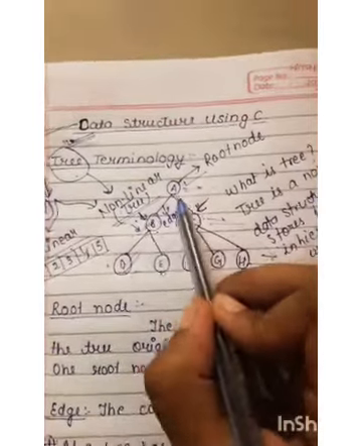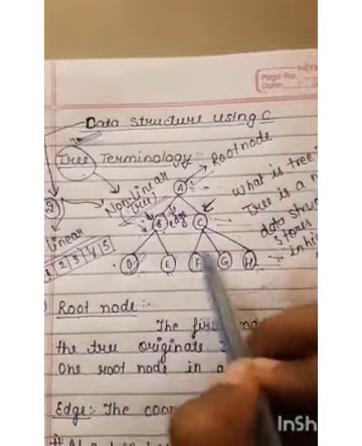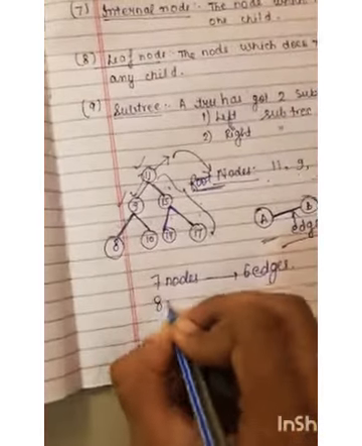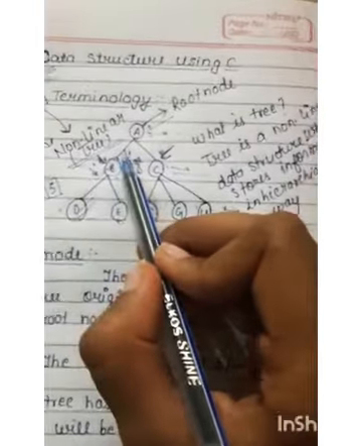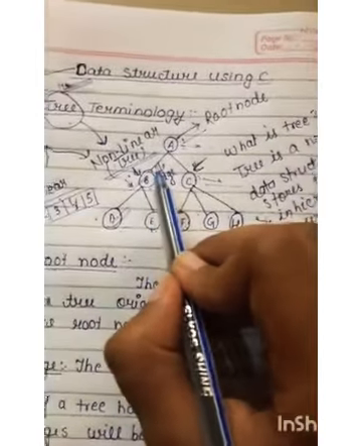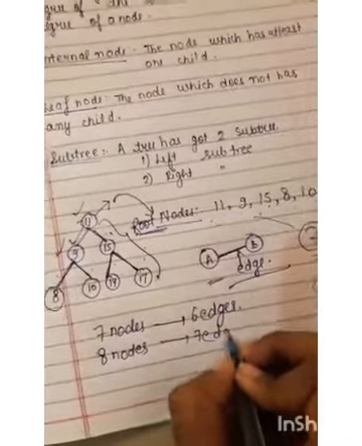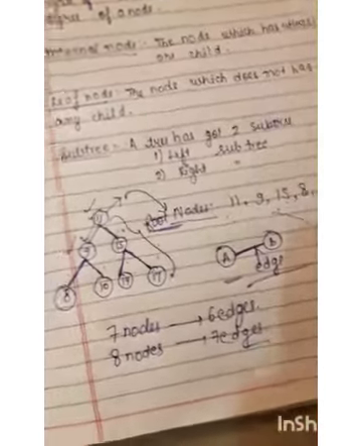And check out this other figure, how many nodes are here? 1, 2, 3, 4, 5, 6, 7, 8. There are 8 nodes. Now count how many edges there are. 1, 2, 3, 4, 5, 6, 7. So there are 7 edges. Can you conclude something from here?